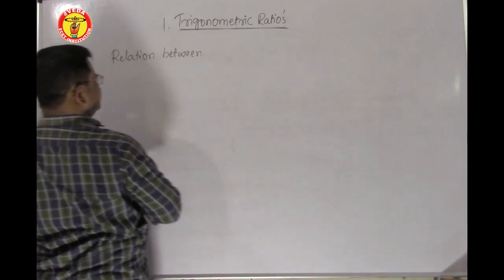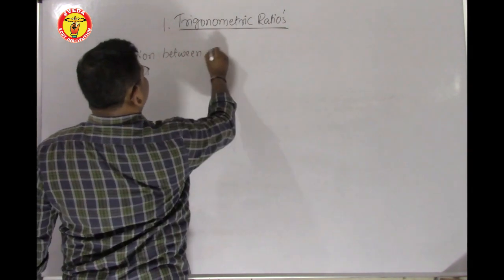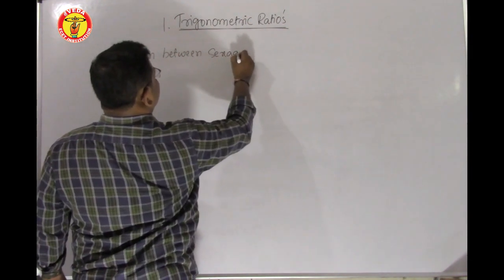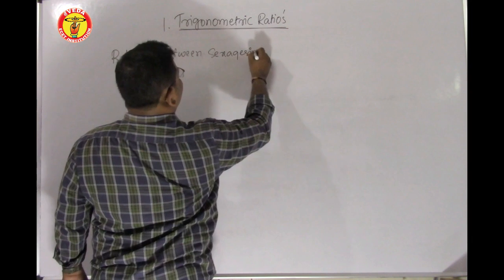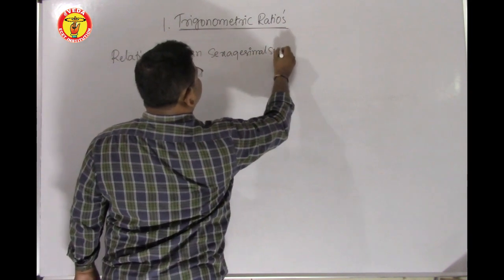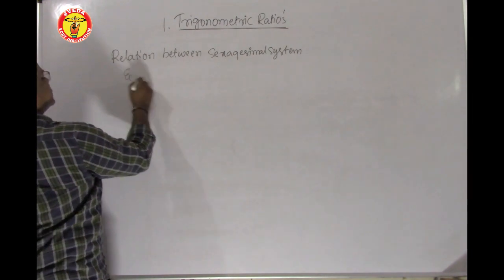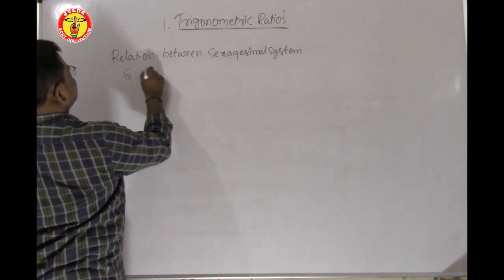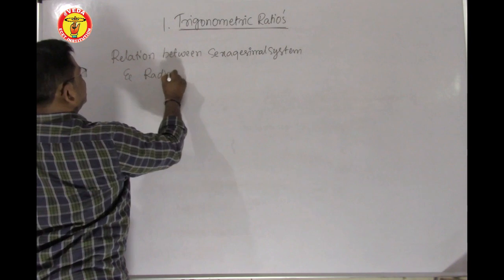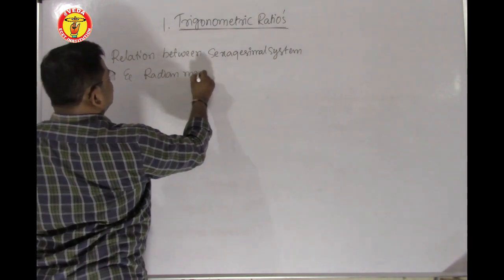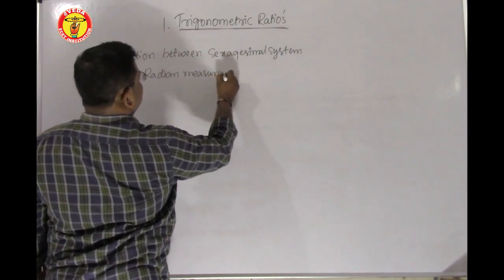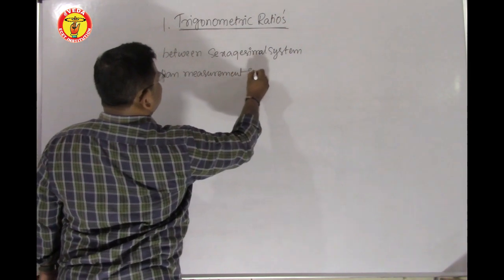Relation between the sexagesimal system and the radian measurement system.